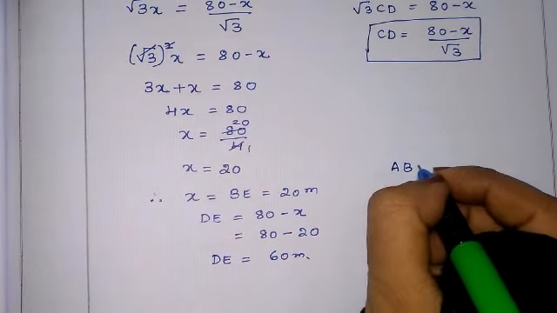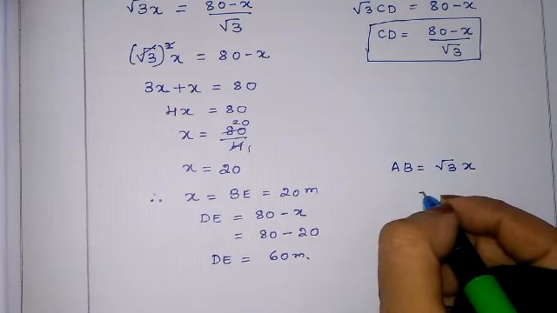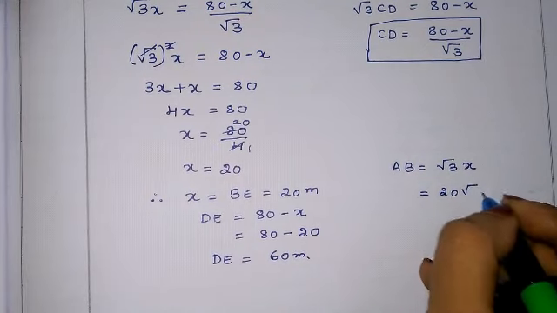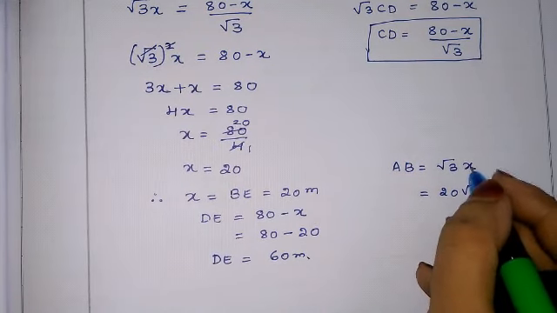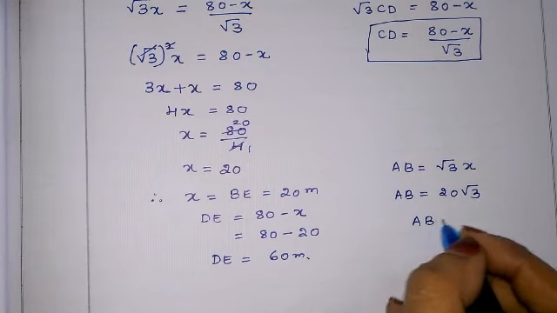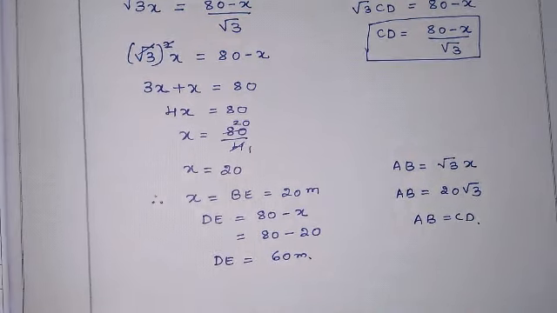AB is the height of the pole. AB is root 3x, and x value is 20, so 20 root 3. AB equal to CD, two poles are equal. Therefore, last sentence I will write because we got all answers.